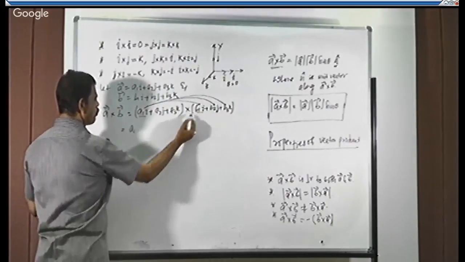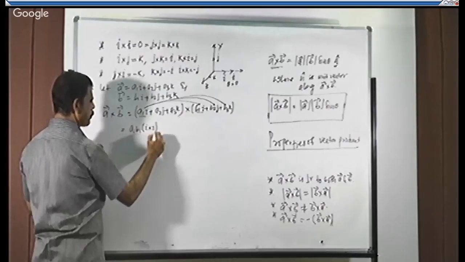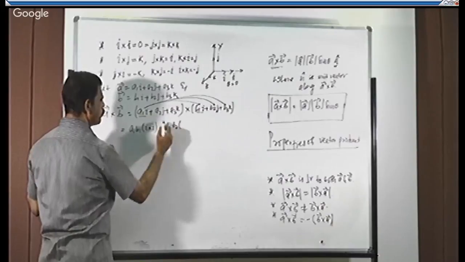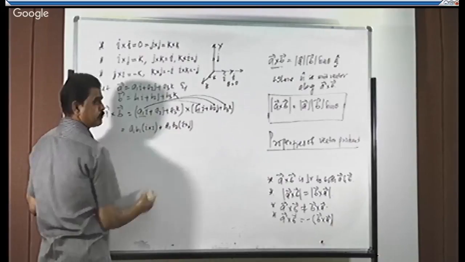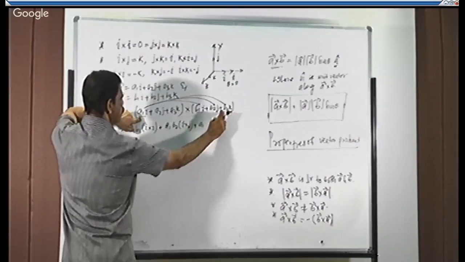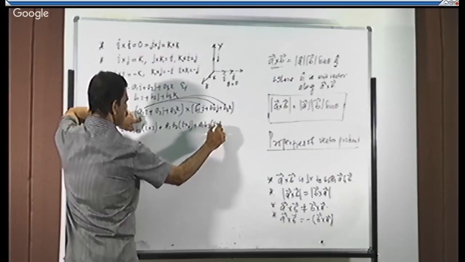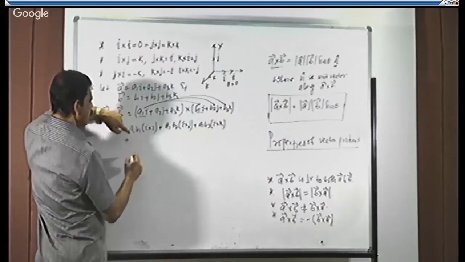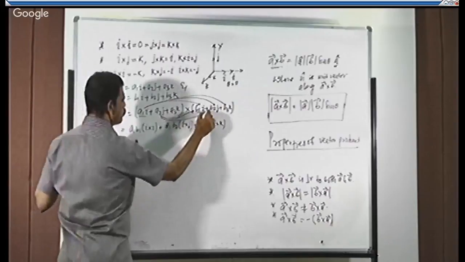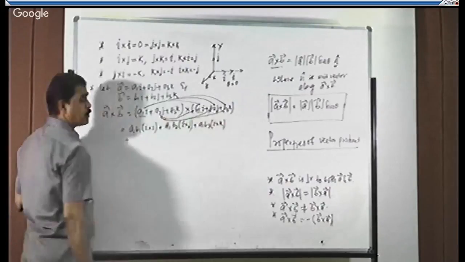A1 into B1 into I cross I, plus A1 into B2 into I cross J, plus A1I multiplied with B3K, that is A1 B3 into I cross K, plus in a similar way you multiply A2J with B1I, A2J with B2J, A2J with B3K.